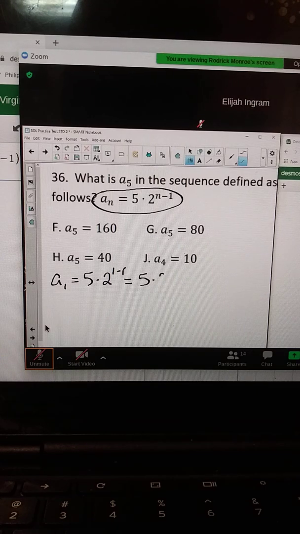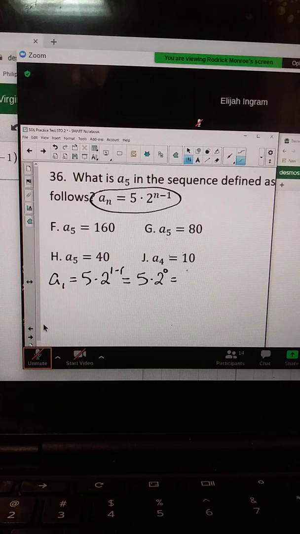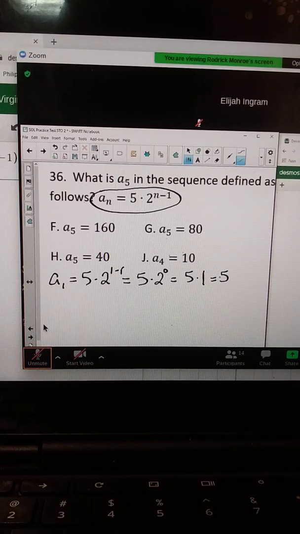So what's 2 to the 0 power? Anything to the 0 power is 1, remember? No, I don't remember. Okay, now you do. Remember that that's part of the exponent rules.